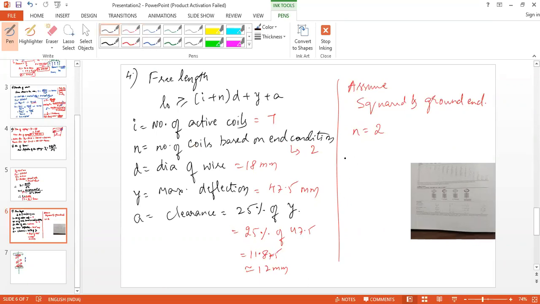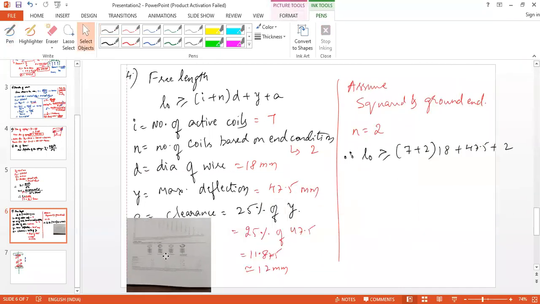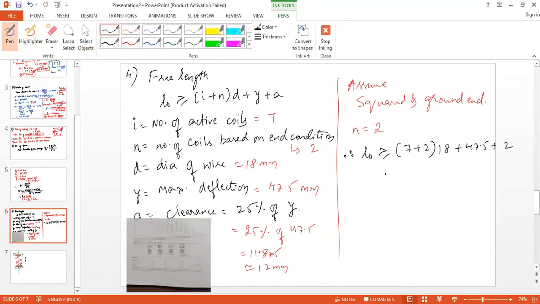Therefore, L0 must be greater than or equal to 7 plus 2 times 18 plus 47.5 plus 12. So what is L0?